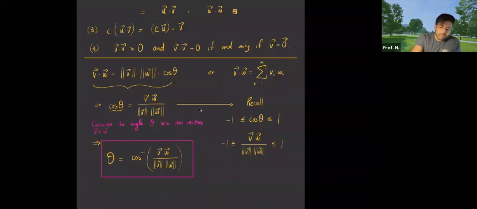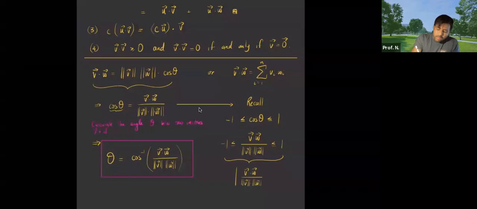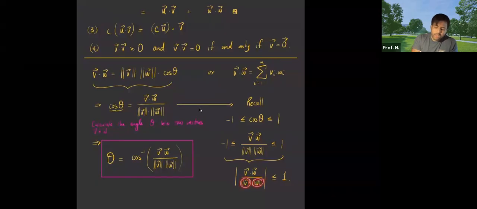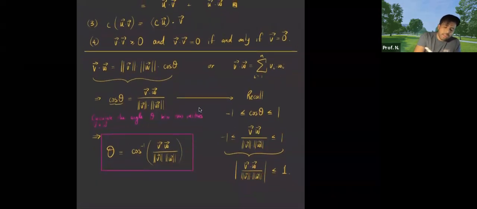And on top of that, I can rewrite this double inequality between these two numbers, 1 and -1, as the absolute value. So the absolute value of this is less than or equal to 1, which is the same thing as saying this. Of course, this denominator is already non-negative, so I can rewrite this even further. A lot of this stuff is rewriting.